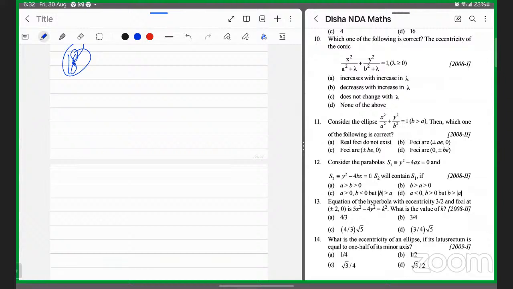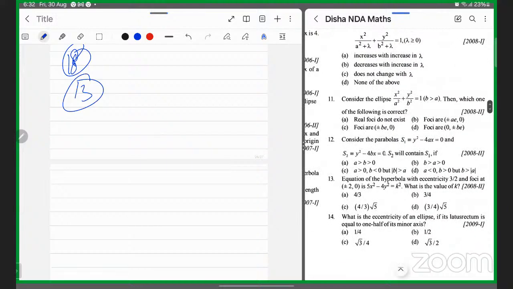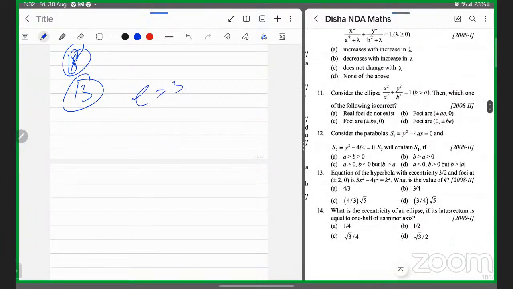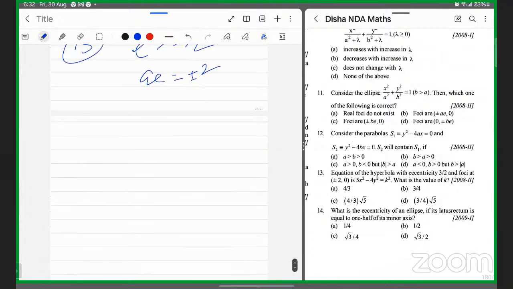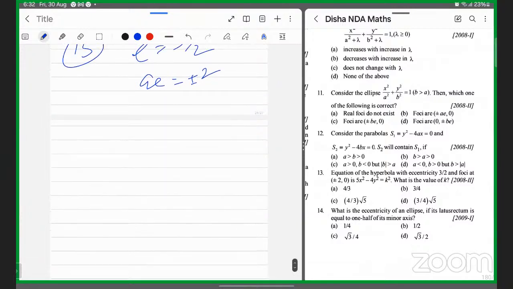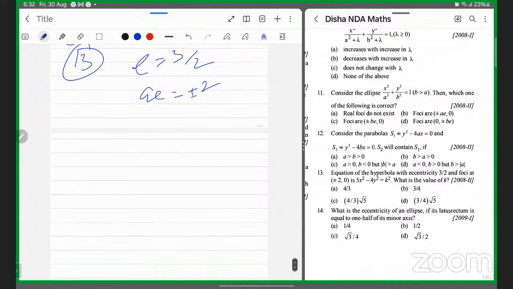You got the answer for 13, students? The equation of a hyperbola with eccentricity e equal to 3 by 2, foci at AE equal to plus minus 2. What is the value of k? Here a is given.